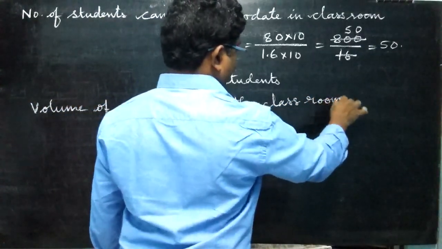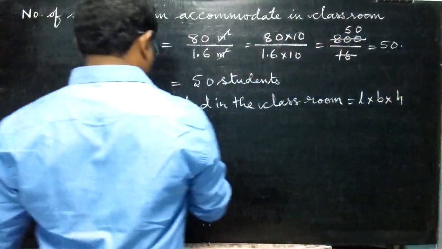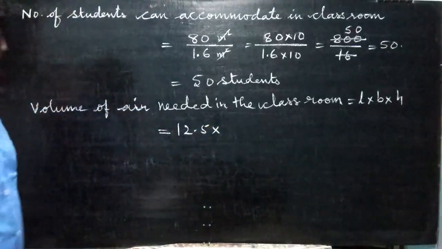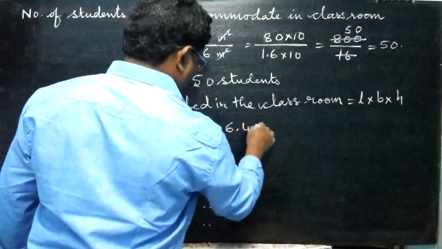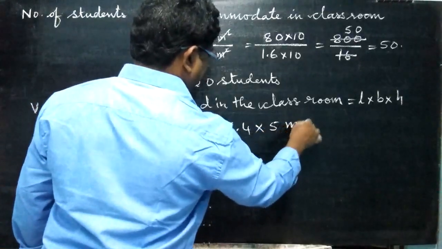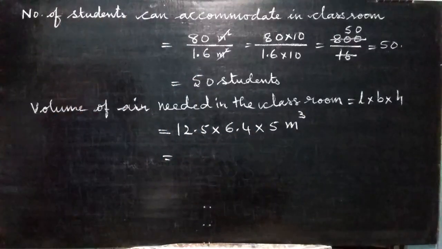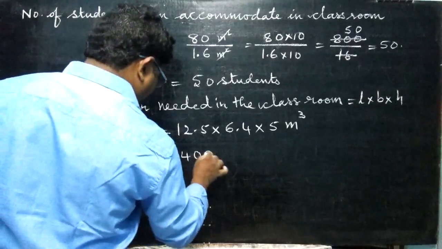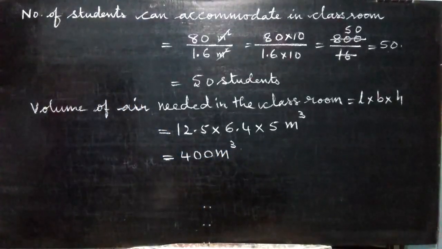So volume is L into B into H, 12.5 into 6.4 into 5 meter cube. Multiply. When you multiply, 400 meter cube will come.